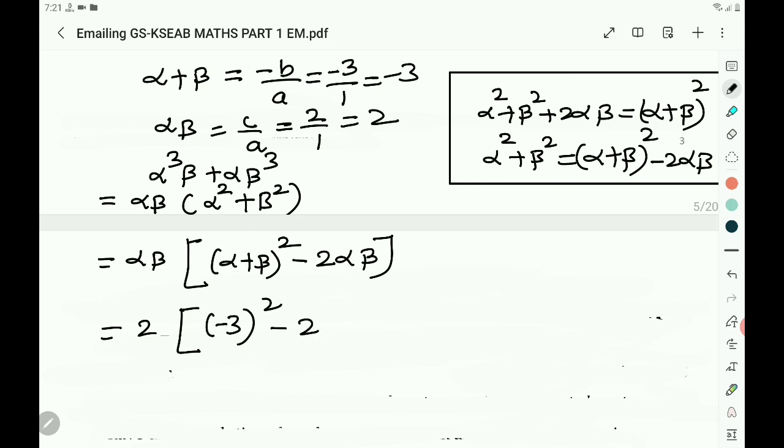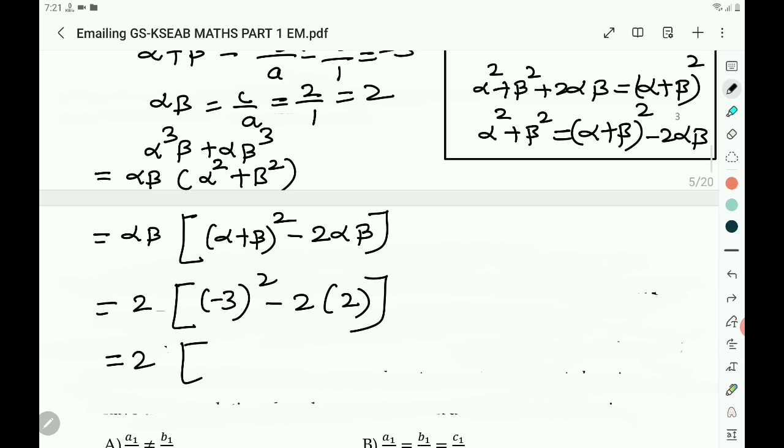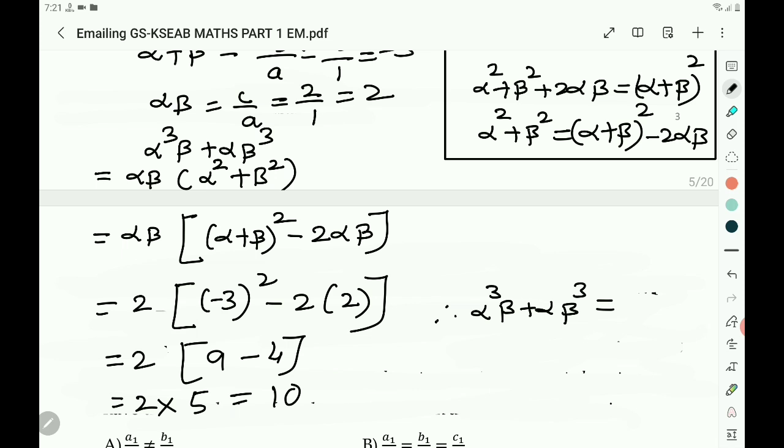Minus 2 into alpha beta is 2 into 2. That equals 2 into minus 3 whole square is minus 3 into minus 3, 9. Minus 2 into 2 is 4. Equals 2 into 9 minus 4 is 5. 2 into 5 equals 10. Therefore alpha cube beta plus alpha beta cube is equals to 10.